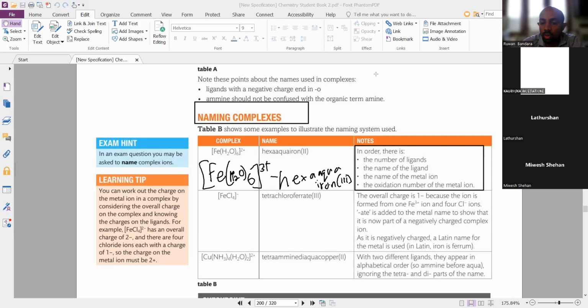So we have steps 1, 2, 3, 4. First you have to write the number of ligands, name of the ligand, name of the metal ion, and the oxidation number of the metal ion.